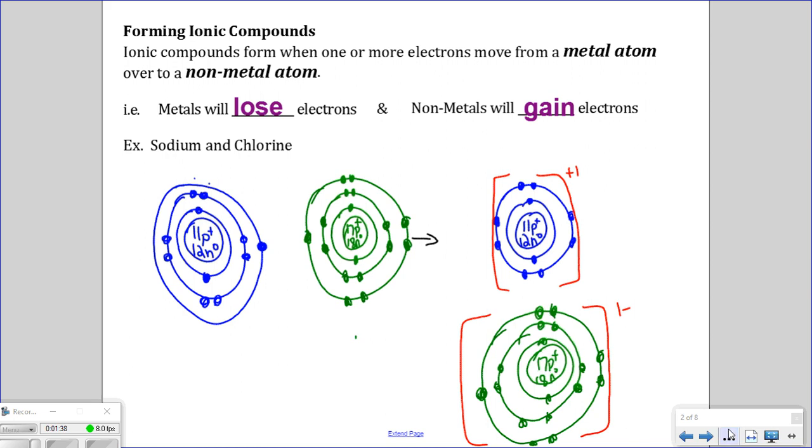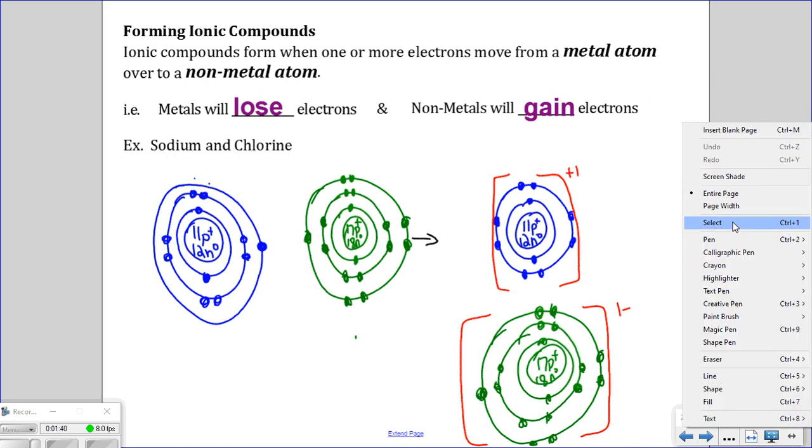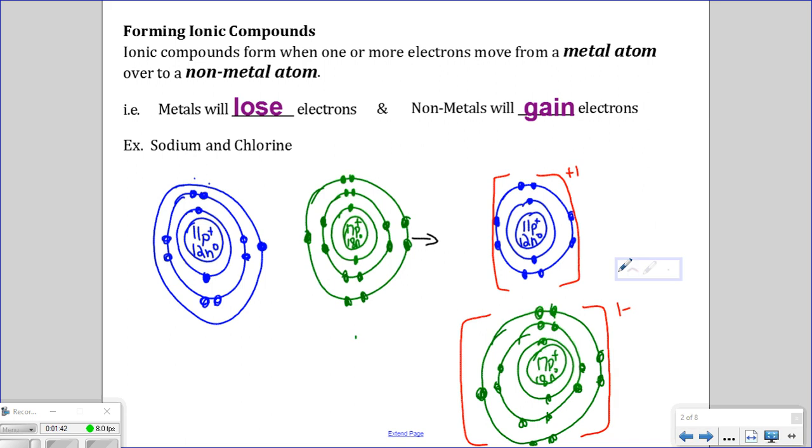So here is sodium, which is going to be our metal. And here we have chlorine, which is our nonmetal. We have the Bohr-Rutherford diagrams for these two elements.